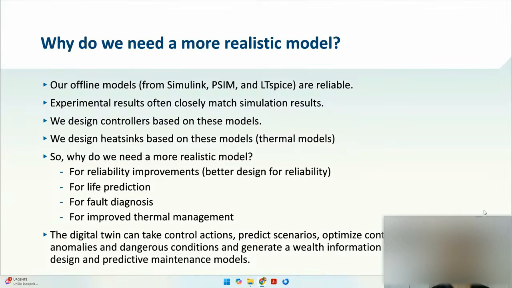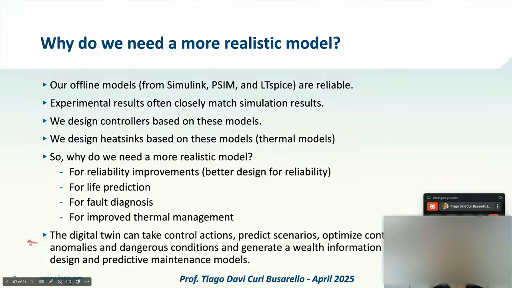Since we have a more realistic model, we have this final phrase here in this slide. The digital twin can take control actions, predict scenarios, optimize control, identify anomalies and dangerous conditions, and generate a wealth of information to enhance future design and predictive maintenance models.